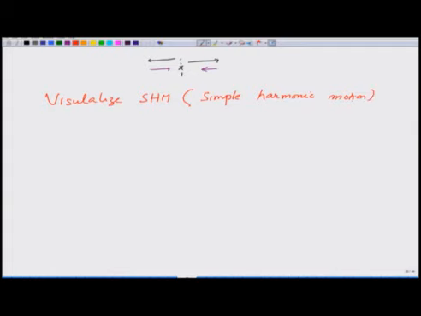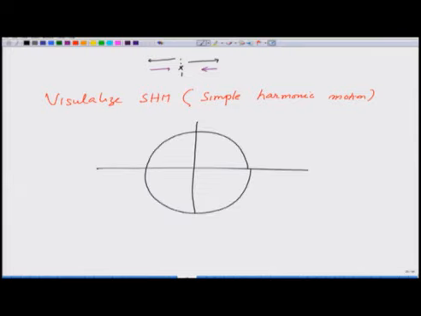So, how to visualize it? I have already given you the tool to do this. Always think of a particle moving uniformly in a circle, with constant angular speed or constant linear speed, and take its component on the x axis or the y axis or a combination of the two. That is the way to visualize it.